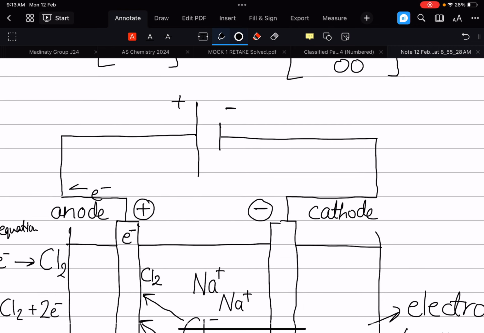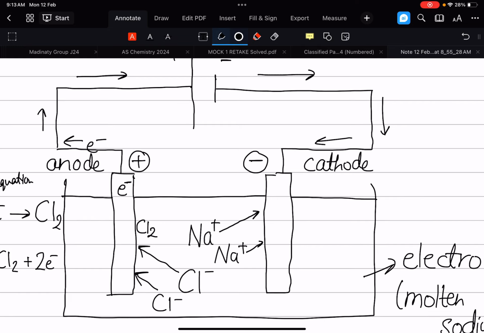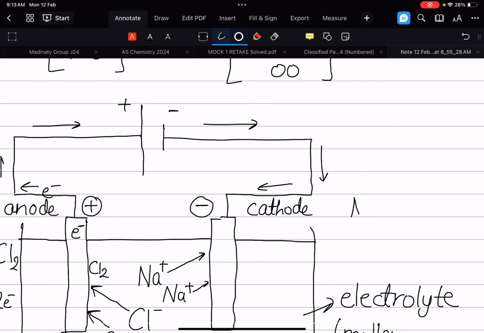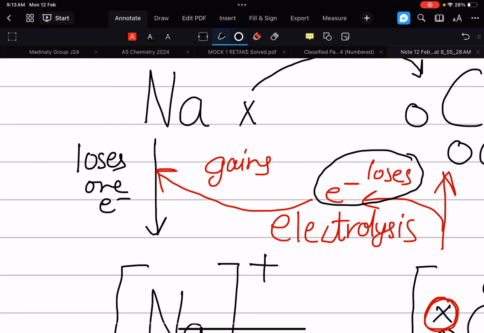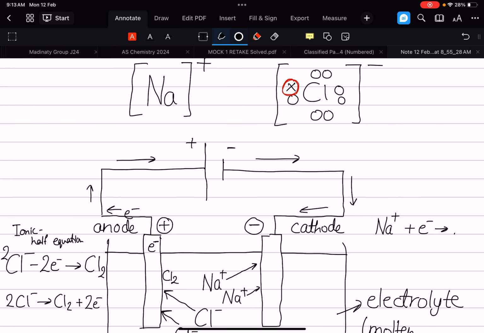Now the electrons will travel through the circuit, through the wires, going to the cathode. And since sodium is positively charged, it will be attracted to the cathode. The sodium ions at the cathode will gain this electron, because we said for the sodium ion to return to a sodium atom, it needs to gain the electron, so it gains the electron, forming a sodium atom.